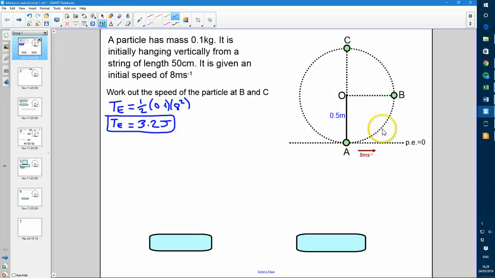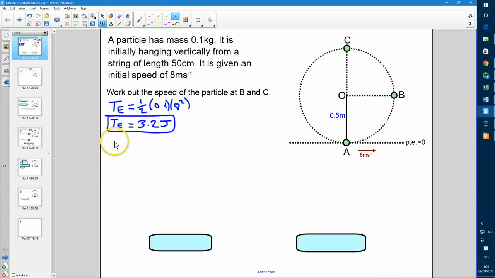So we can use that information now to work out what the speed is going to be at particle B, because at particle B, the total energy is still going to be 3.2 joules, and there will be kinetic energy, but there'll also be gravitational potential energy as well.